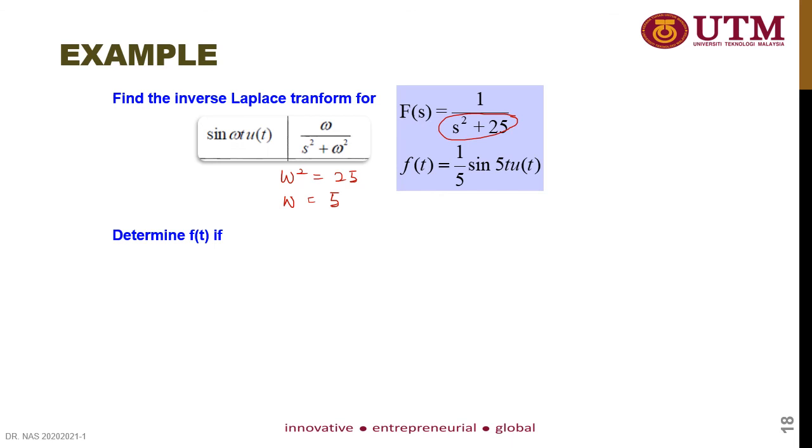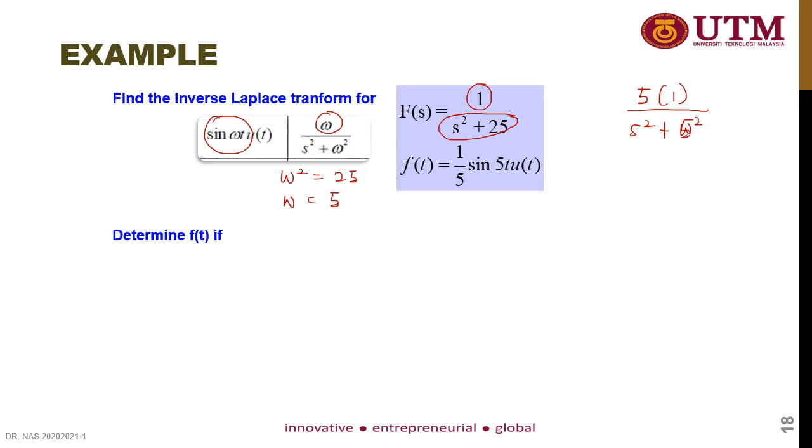To get sin function, the equation must have omega on top, but your equation has 1 on top, meaning that you need to multiply the equation by 5, by omega. So in this case, you need to have 5 times 1 divided by s squared plus 5 squared.